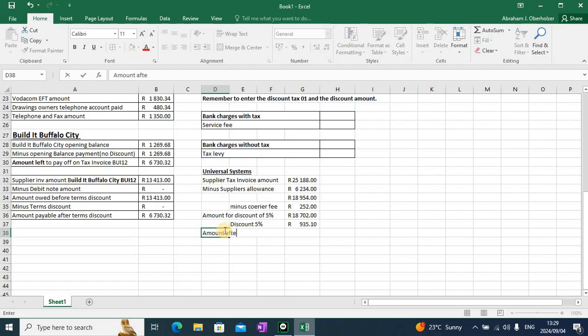Amount after 5% discount is going to be that one minus that one. So it's 17,766.90.